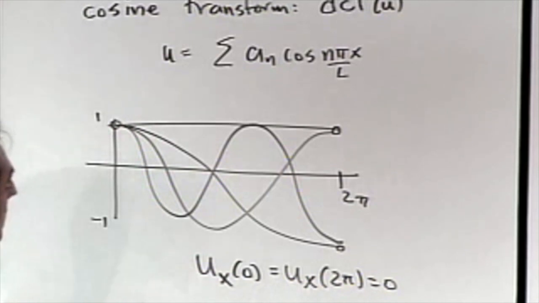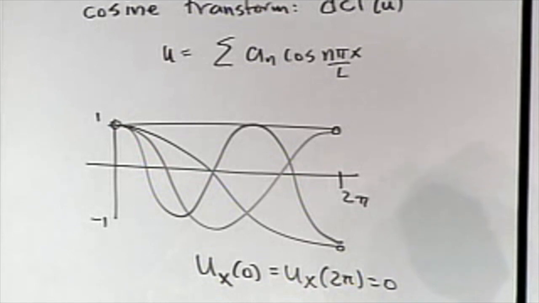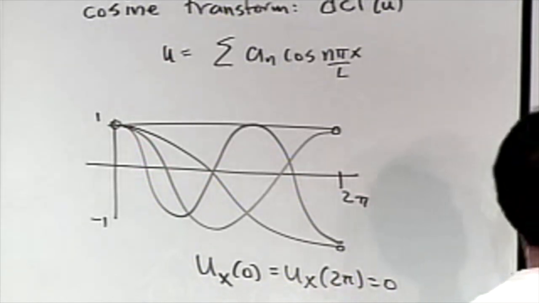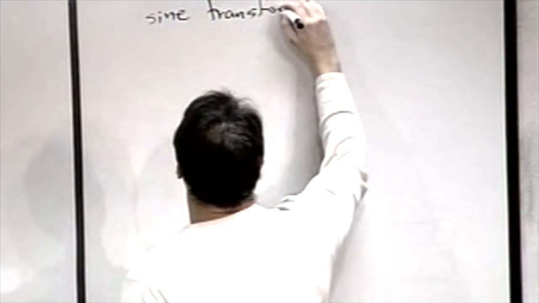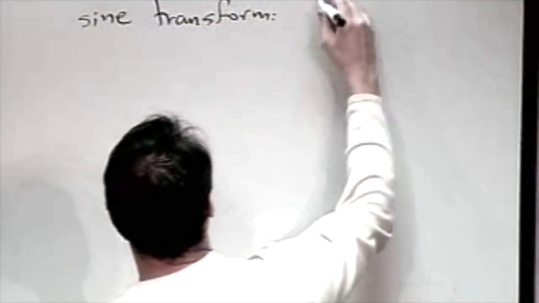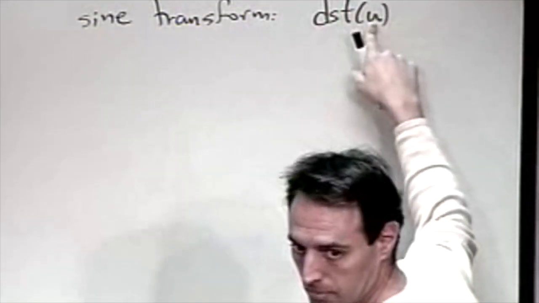Now, let's talk about the sine transform. So what the sine transform does is something very similar. The basic idea is to say, okay, for the sine transform, it's DST, discrete sine transform.